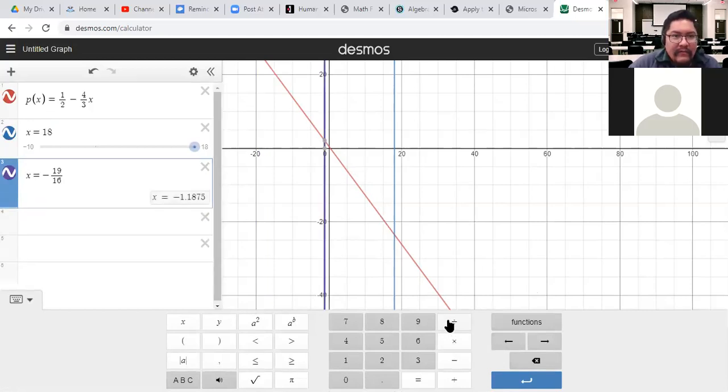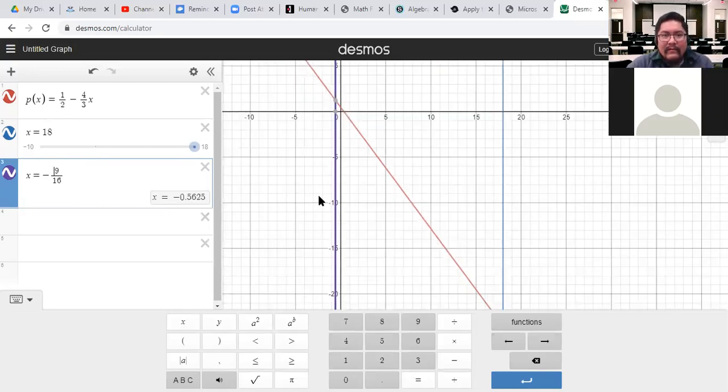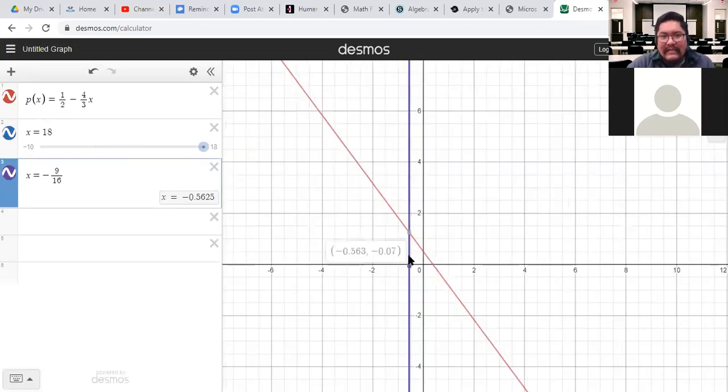We got negative 1.85, which I think we actually should have gotten 5.4. So is there something that's not quite working out here? Oh, wait, that's 9/16, not 19 over 16. Because that didn't match what we were doing earlier.